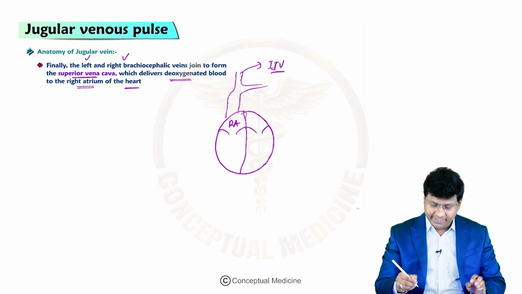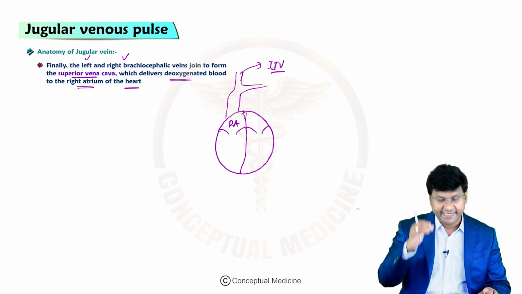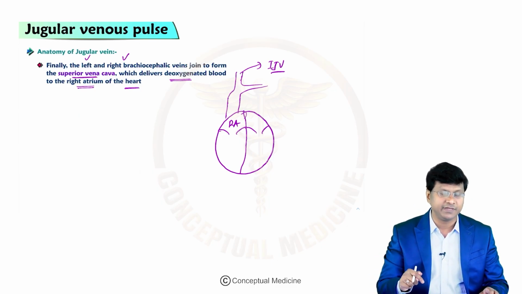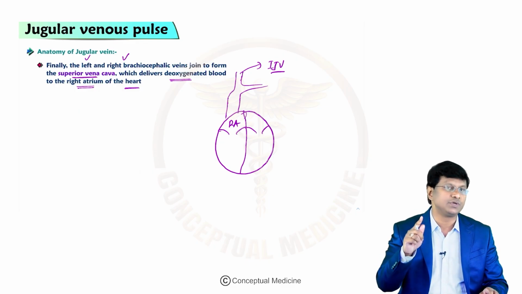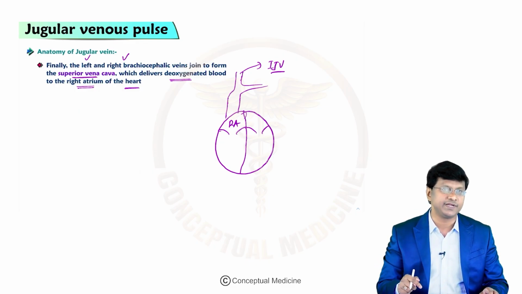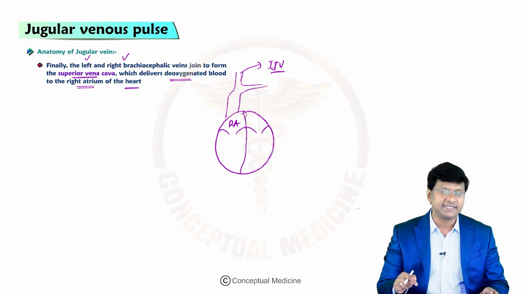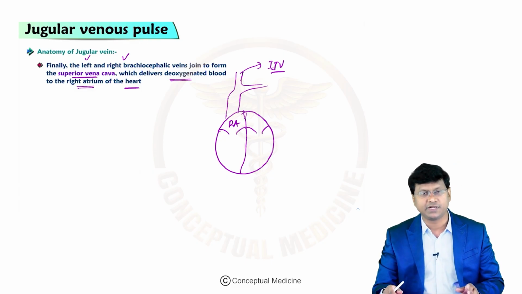That is the reason why your right atrial pressure directly reflects to the jugular vein, and you don't have any valves between the right atrium and the jugular vein. So whatever is the pressure within the right atrium is reflected into the jugular vein. That is why right atrial pressure is equivalent to that of the internal jugular vein or jugular venous pressure.